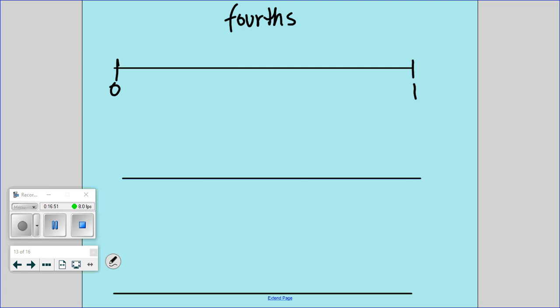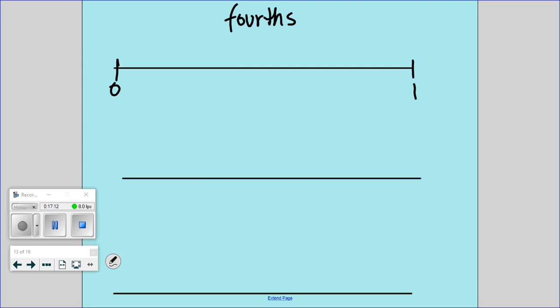Now here's the nice thing about even numbers and number lines. It has a middle, which means I can always split it in half. So that's very helpful when I have a lot of pieces.